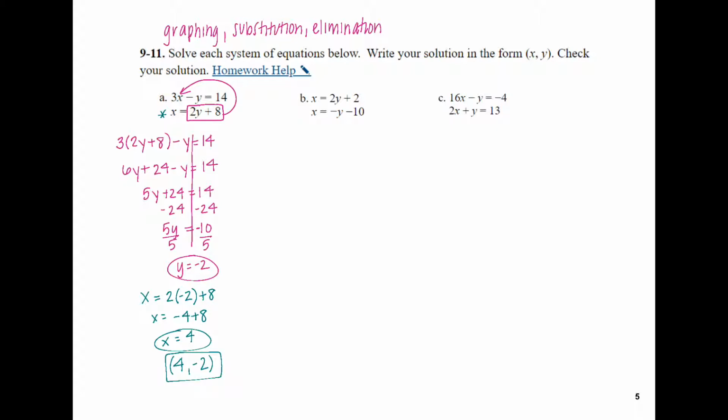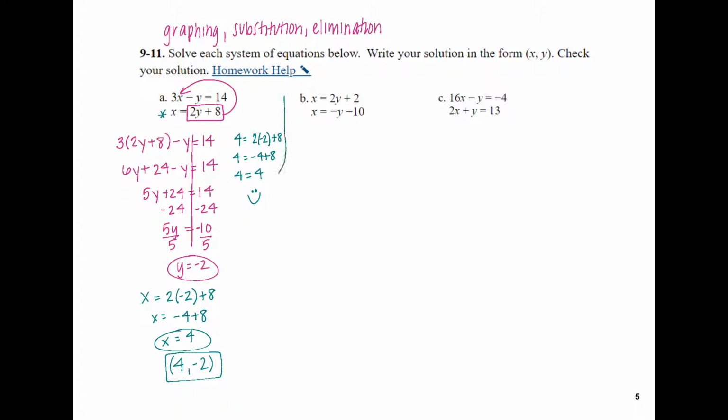We need to check our answer, so we can plug 4 in. 4 is equal to 2 times negative 2 plus 8. 4 is equal to 4, and our solution worked.